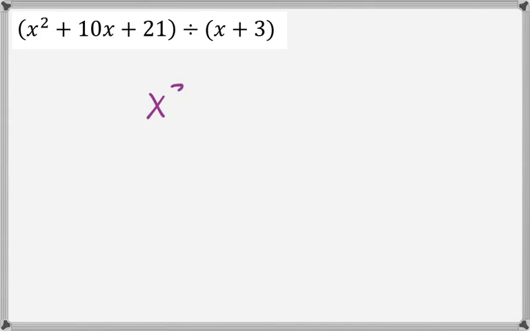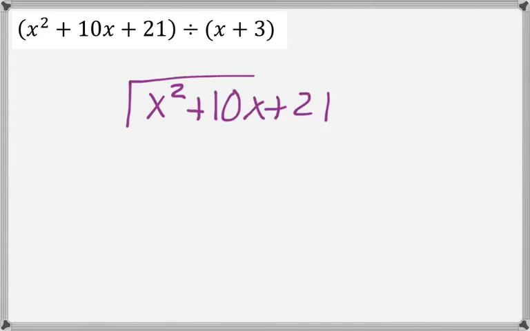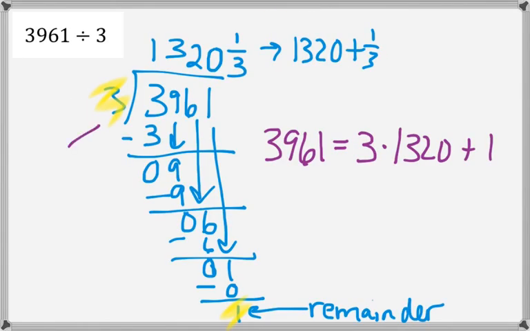We still have a dividend and a divisor, so we're going to set it up just like we did before. And when we did this with numbers, we looked at the first digit in each of the dividend and the divisor.